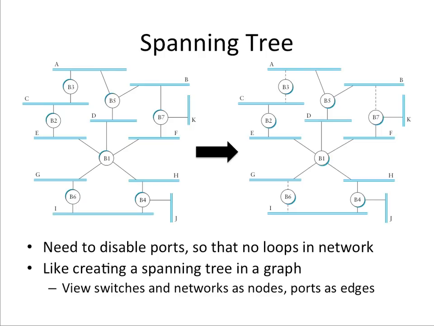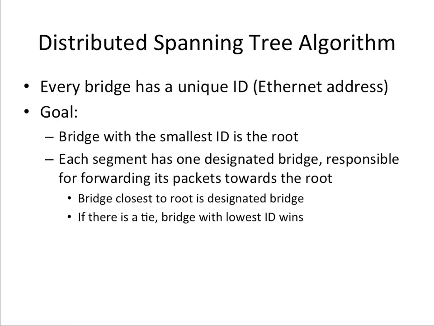That's the only thing that a bridge can do anyway, right? So you need to be able to construct a spanning tree just based on those exchanges. So that's the difference between the spanning tree that we studied in previous classes, and what you need to do to compute a spanning tree in a distributed setting.